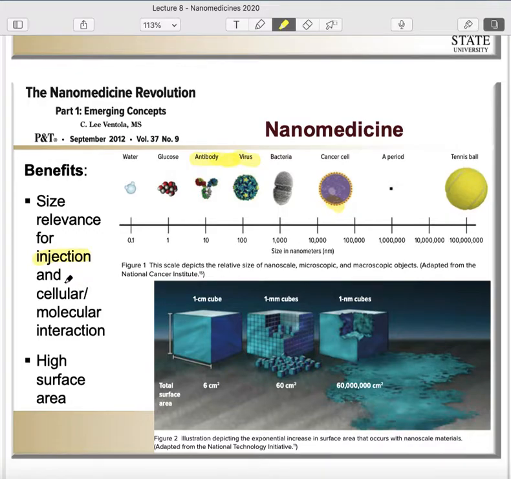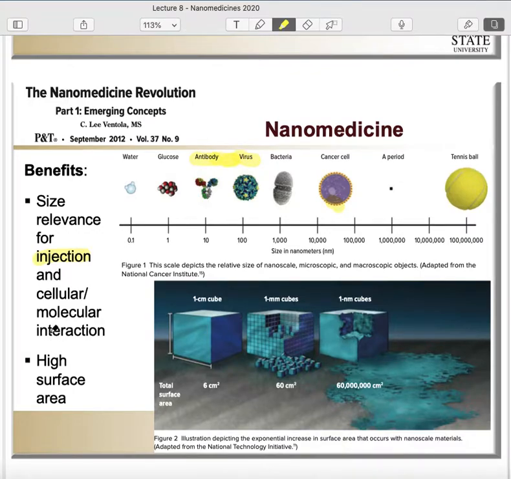They're small enough that they can interact with the cells in our body at the cellular and molecular level, and they are large enough that we can actually functionalize them on their surface to include things like antibodies for targeting or other molecules that enable better interaction with the target tissues. And they're also large enough that they enable us to use them as carriers for therapeutic agents or imaging agents. So the size is very important.